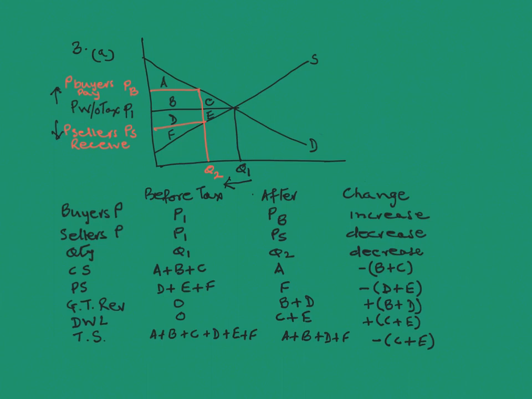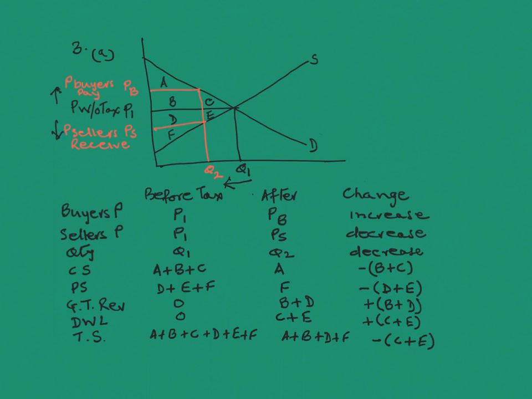Consumer surplus is the area below the demand curve above the price. Before the tax, the area was A plus B plus C. After the tax, the only area left is area A. Therefore, the change is negative B plus C. Producer surplus is the area below the price above the supply curve.